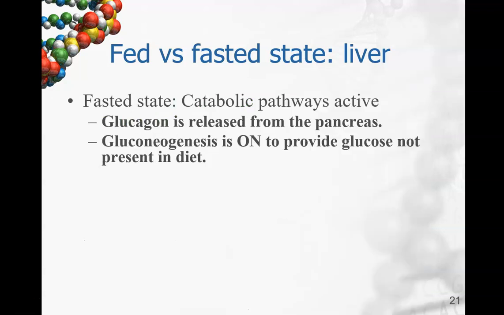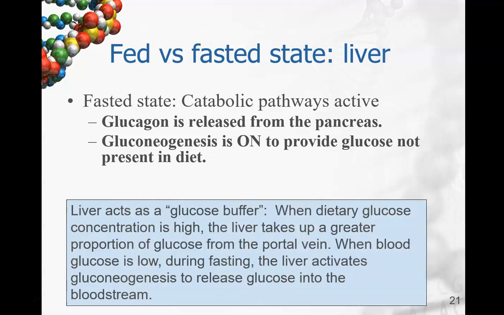But when we're fasted, there's the opposite. Catabolic pathways are active. Glucagon is released and gluconeogenesis is on to provide glucose that's not present in the diet. So what that means is the liver acts as a glucose buffer.